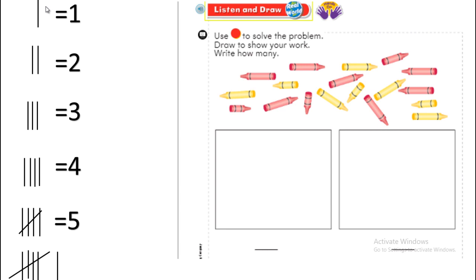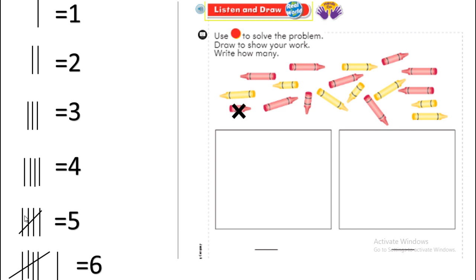We're gonna make another group. So this is number 6. If you want to count it, you count like this: 1, 2, 3, 4, 5, and 6. Without counting, you have to remember that this shape here is equal to 5. Okay? That's it.